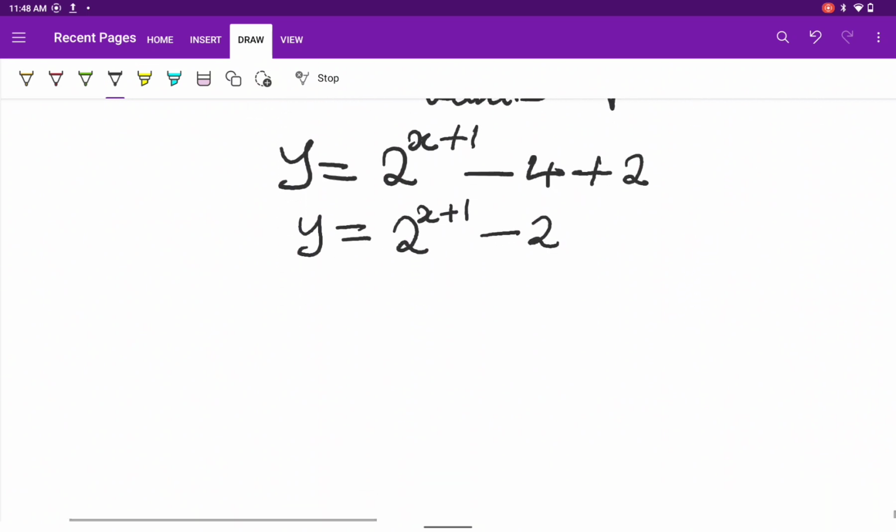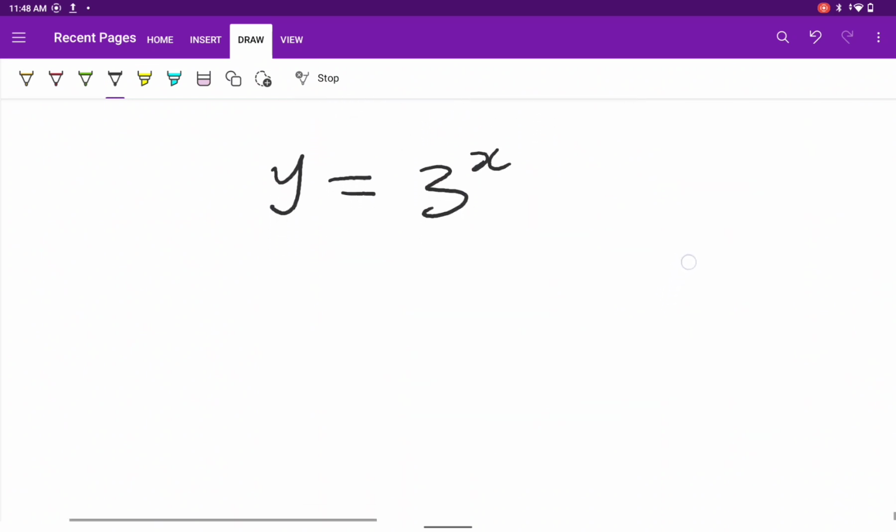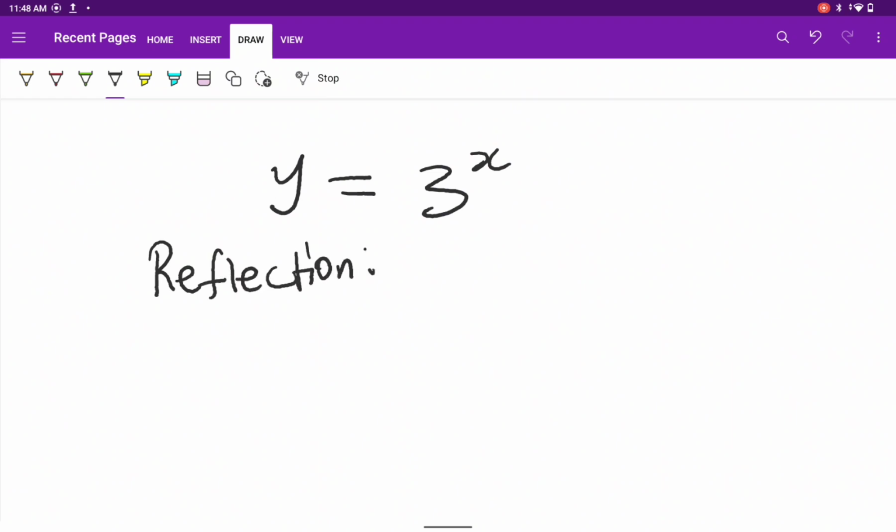Right, so let's take maybe another example. Let's say we have y equals 3 to the power x. Let's do reflections on this one. The first one is along the y-axis.